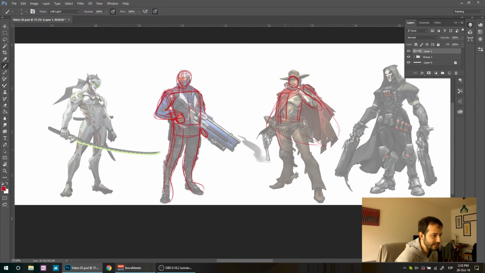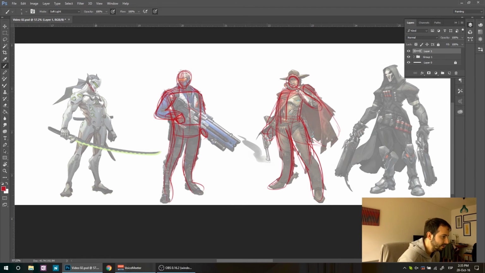Maybe his waistline is just a little bit smaller than Soldier 76, and maybe his quadriceps, his legs, are just a bit wider. But it's around the same thing.